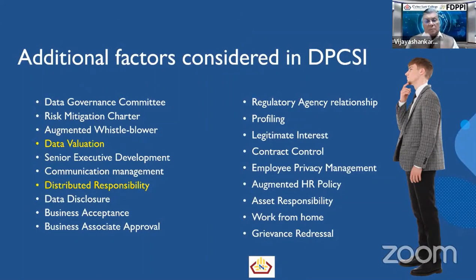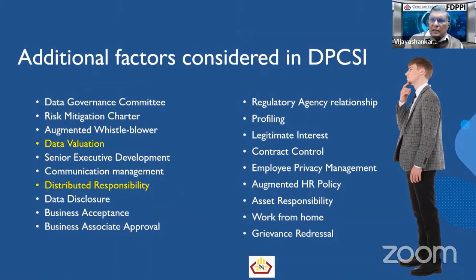A process manager is the best person to understand what is happening within the process, and a DPO sitting in another city is unlikely to have enough visibility to the activity of the company. So we have brought this into our system and say there has to be a distributed responsibility.